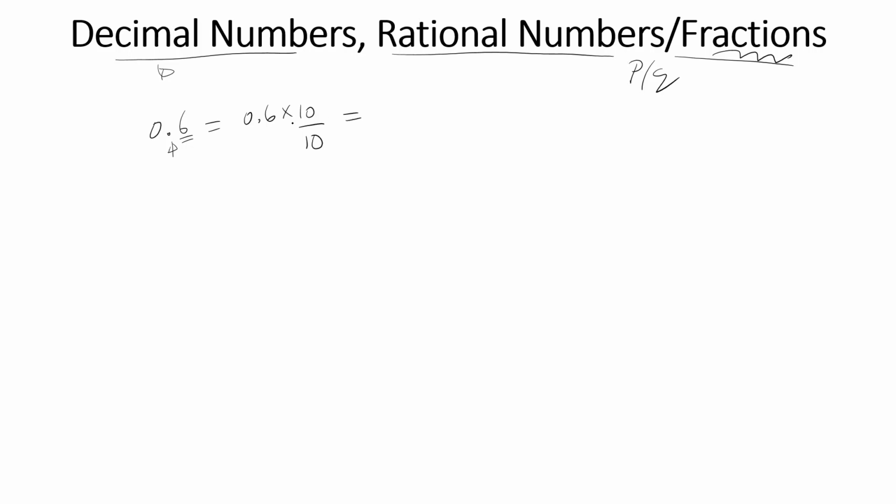So 0.6 into 10 is 6. 6 by 10, and 2 threes are 6, 2 fives are 10. So I can write 0.6 as 3 by 5 in ratio form, or rational number, or fraction. We are using a decimal point, so we call it a decimal number, and we are using fractions, so we call it a rational number or fraction.